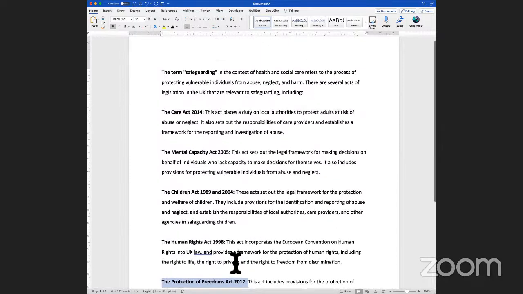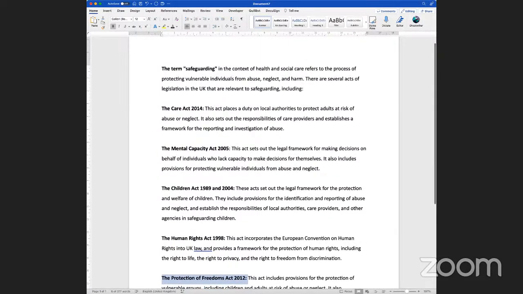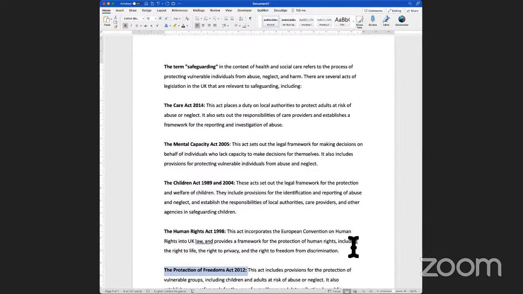So this handout would provide you some details in regards to an important piece of legislation that we talk about, which is the Safeguarding Act.